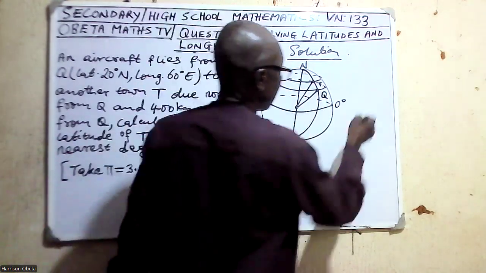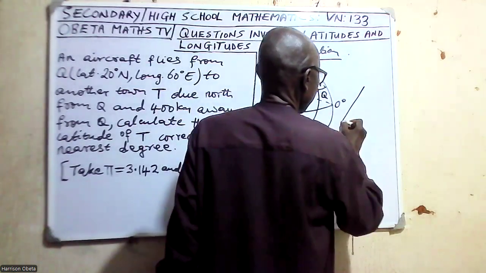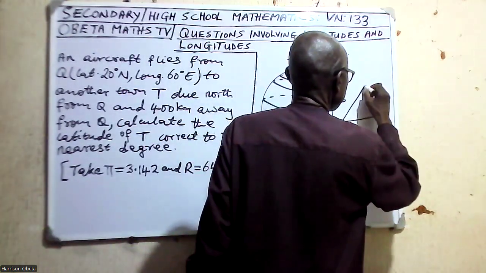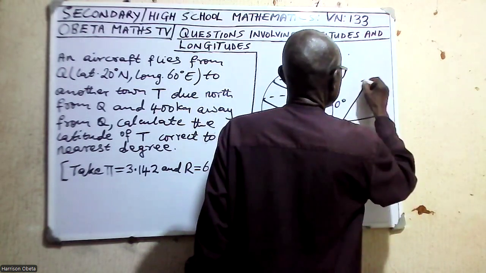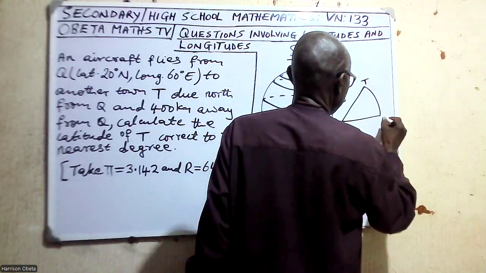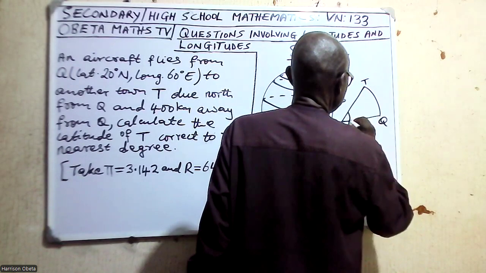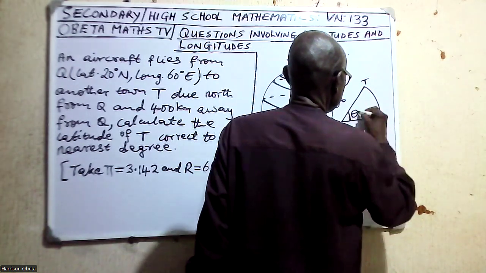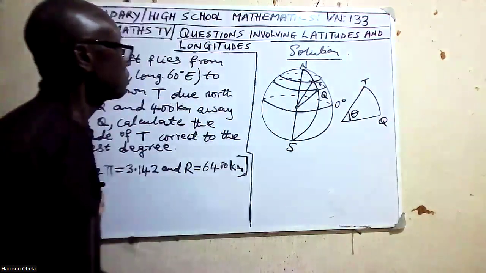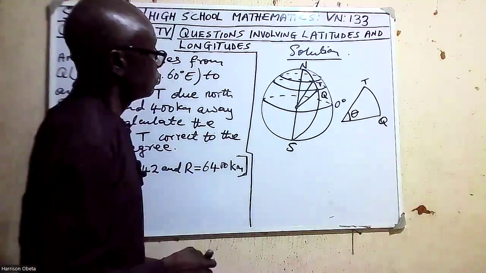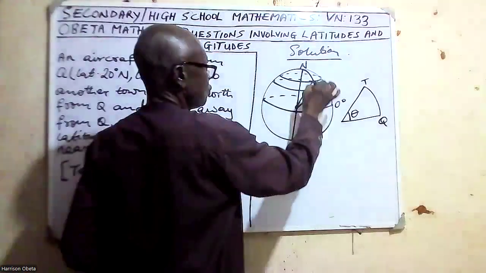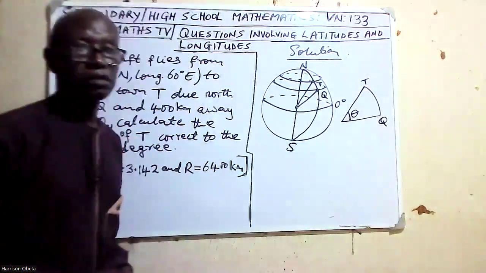Then for us to bring it out, we have something of this nature. This is our T, this is our Q. Then let us take this theta to represent that. And remember, this is longitude 60 degrees east.